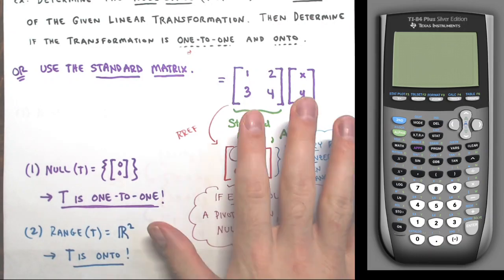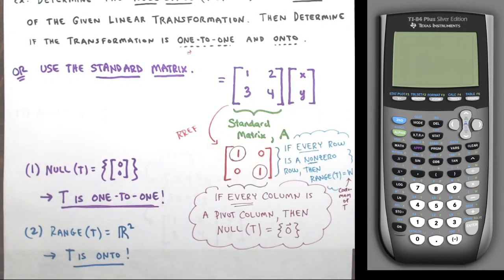All right, so this is what I'm going to do for the rest of the examples. Just quickly find the standard matrix for the transformation, put it into an echelon form or reduced echelon form, which I prefer. If you've been watching my videos, I prefer reduced row echelon form because I can have the calculator do it pretty quickly for me.